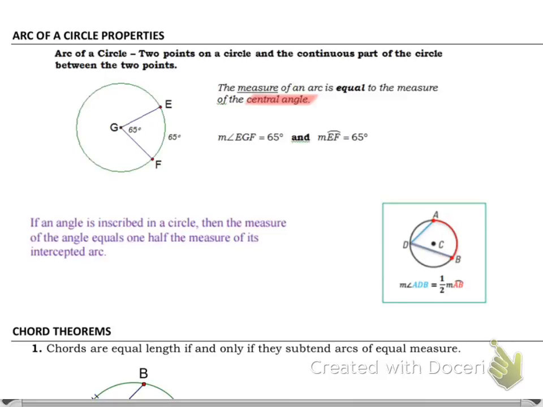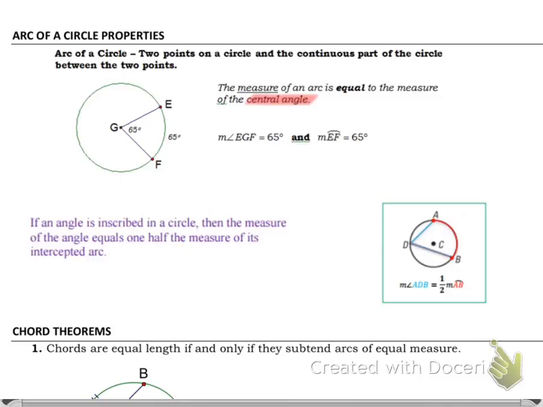On the flip side, we're not going to be using this today, but just so we know, if we have an inscribed angle, that means it's not starting at the center, it's starting at another point on our circle. If it's inscribed, that angle inside is actually half the degree measure of our arc.